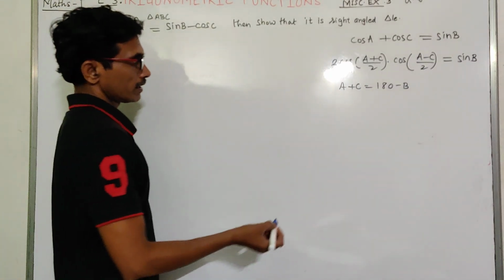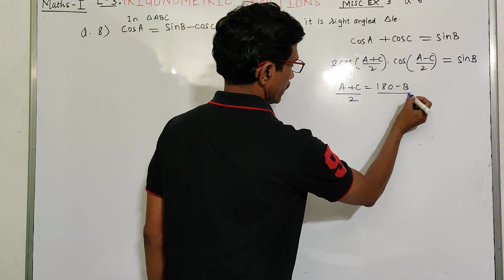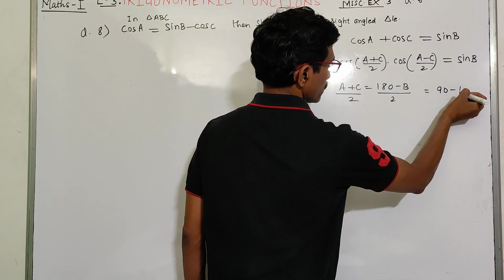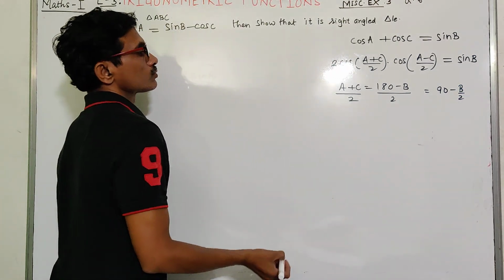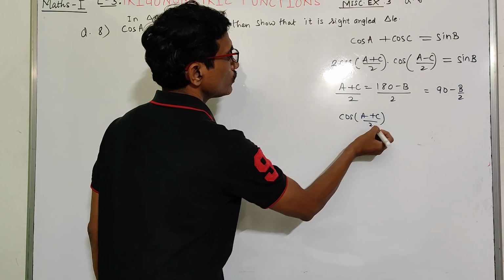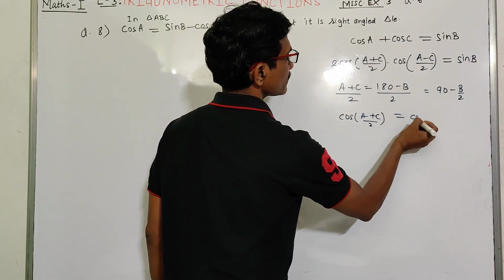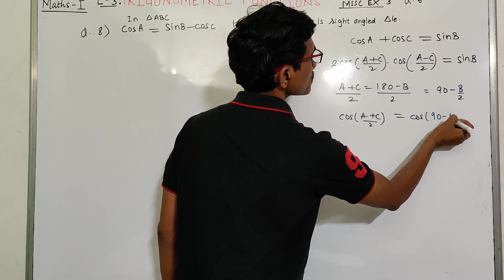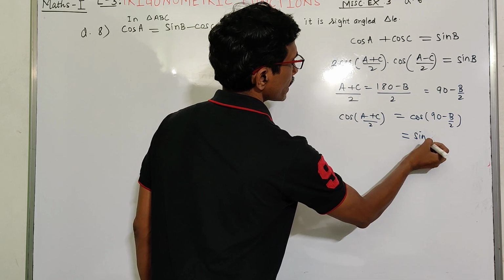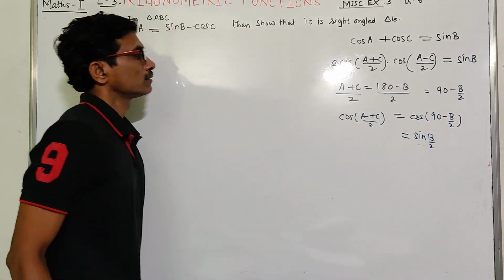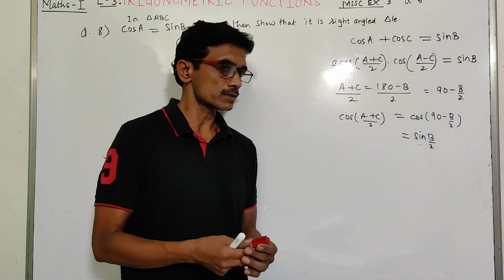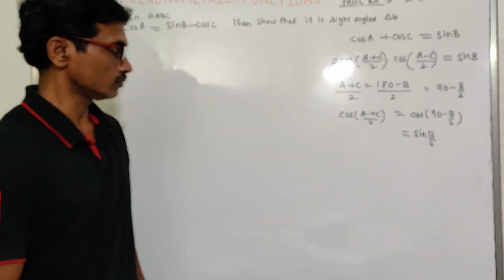So (A plus C) divided by 2 is (180 minus B) divided by 2, that is 90 minus B upon 2, and so cos of (A plus C) upon 2 will be cos of (90 minus B upon 2), which is sin of B upon 2. Thus we have cos of (A plus C) upon 2 is sin of B upon 2.